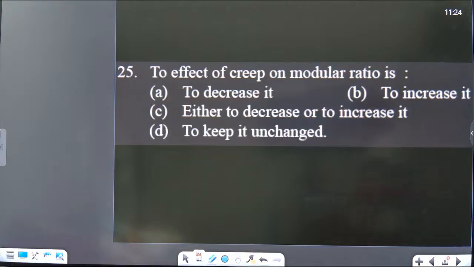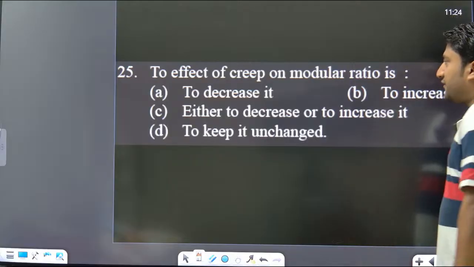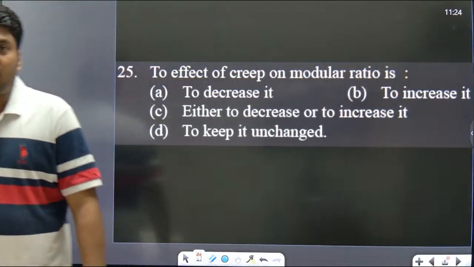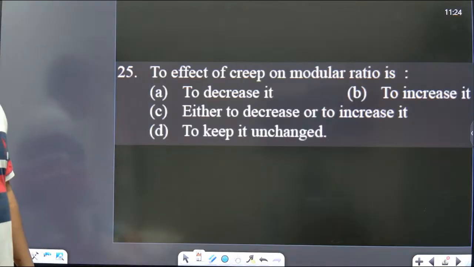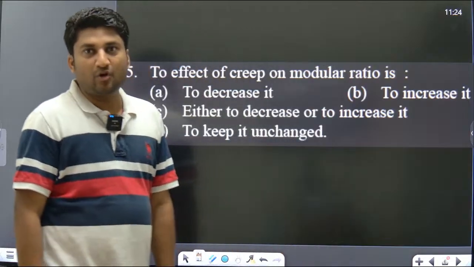Bond stress increases by 25% in compression, and for high grade of steel it increases by 60%. Today we will see these concepts also. The effect of creep on modular ratio. Very good, Shubhendu. Option B is the correct answer.